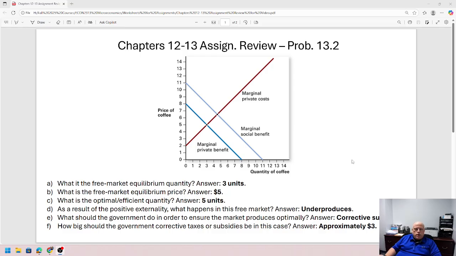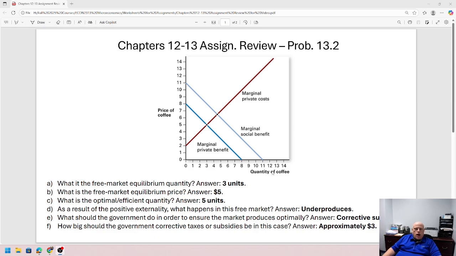The first one was problem 13.2, which gave you a graph of marginal private cost, marginal social benefit, and marginal private benefit of, in this case, coffee. Of course, you have the price of coffee on the left-hand side on the y-axis of the graph, and then you have quantity of coffee along the bottom or the x-axis.